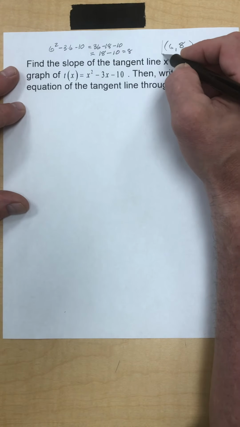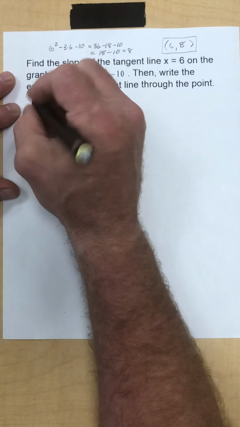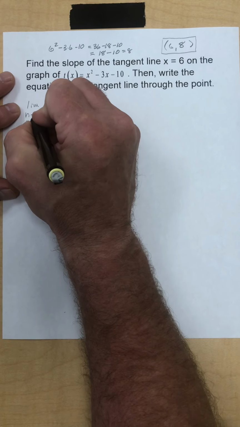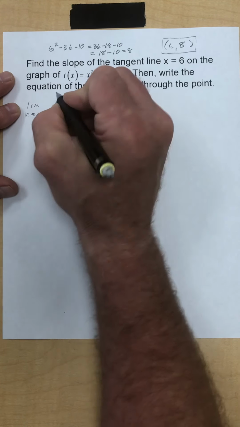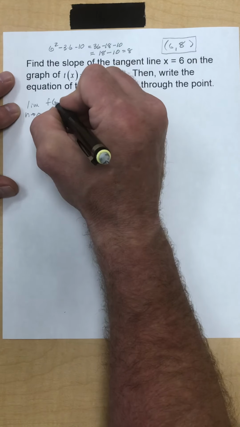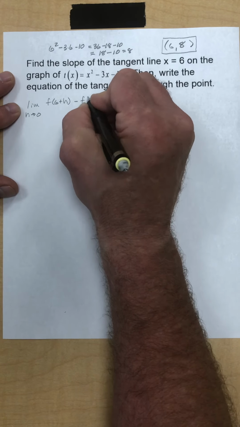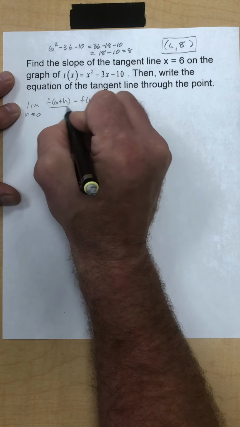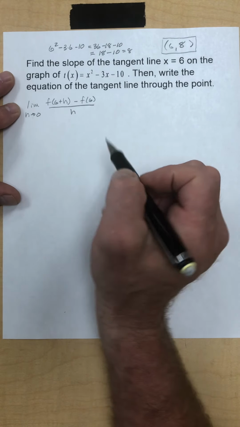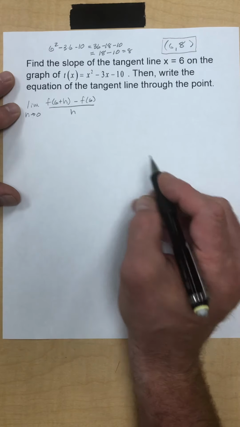Okay, and we want to find the slope of the tangent line at that point. So we take the limit as h approaches 0 of f of x plus h, where x is 6, so f of 6 plus h minus f of 6, all over h. And once again, I've got to deal with this. Once we have this all simplified, we'll come back and take the limit as h approaches 0.